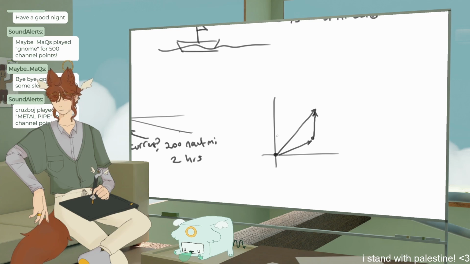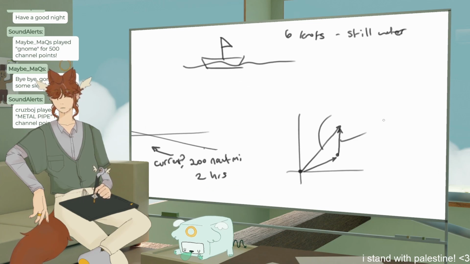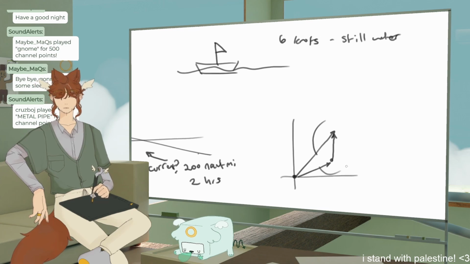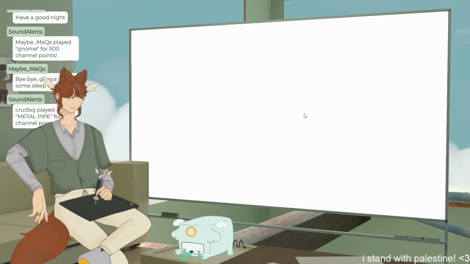It's the most confusing possible example you could have used. This vector is what's happening in real life. This one is the boat itself, or this could be the boat itself. It just depends on the problem. In this situation we don't know this one or this one. But oh my god, it messed my brain up so bad.